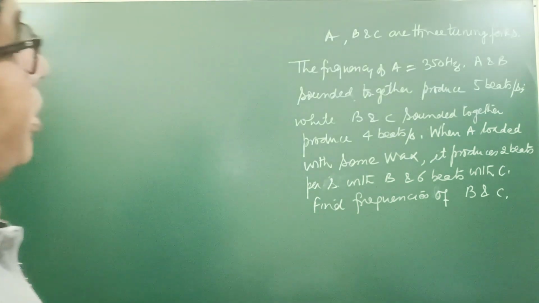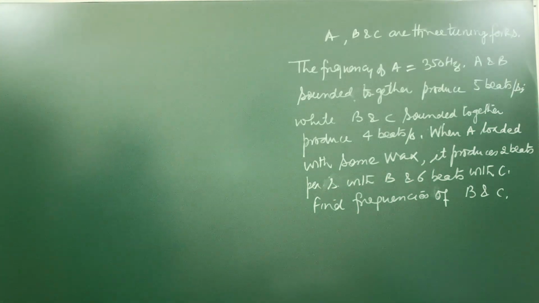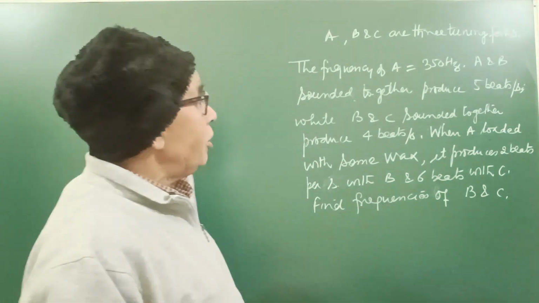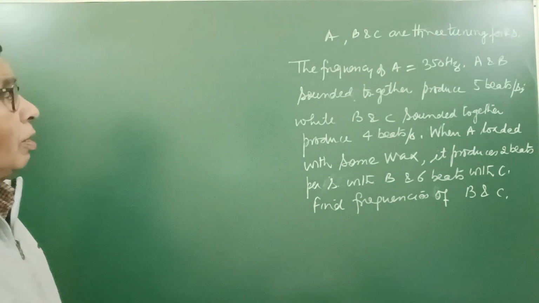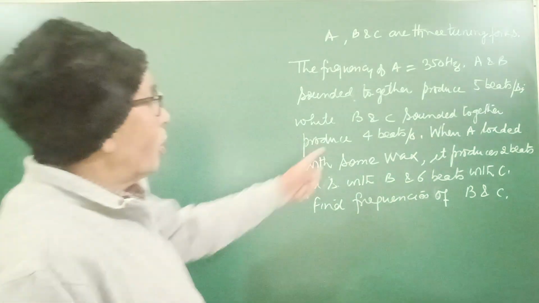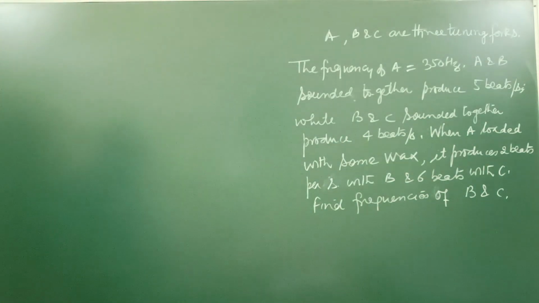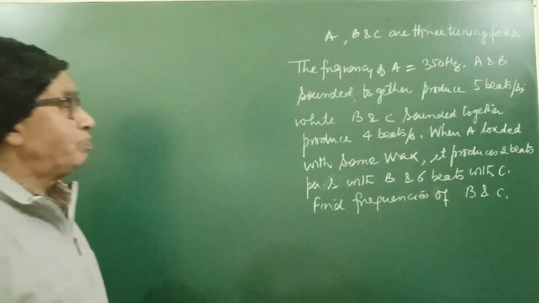Here is a numerical. A, B, C are three tuning forks. The frequency of A is 350 Hz. A and B sounding together produce 5 beats per second, while B and C sounding together produce 4 beats per second.